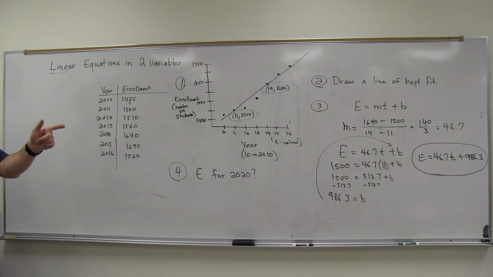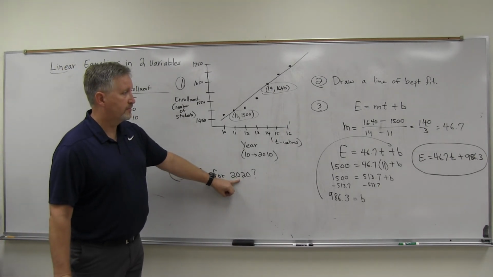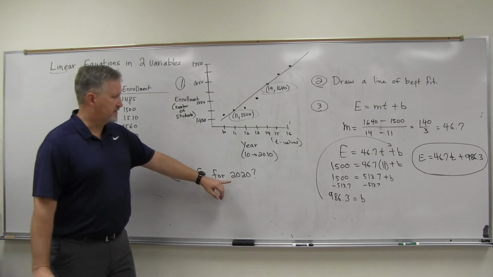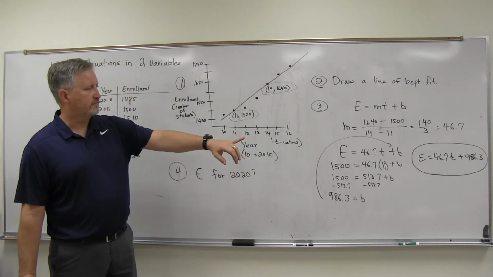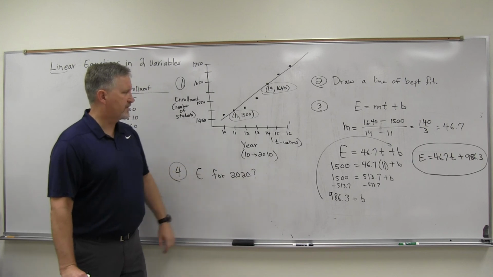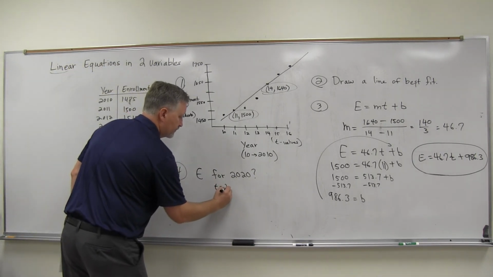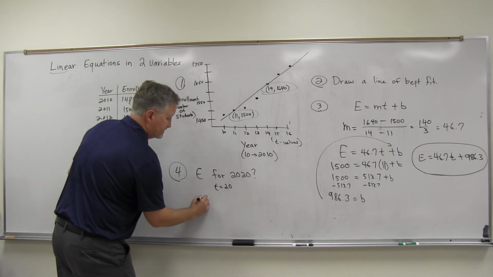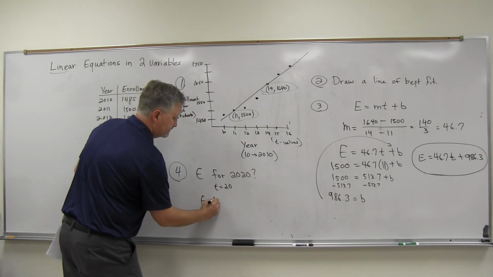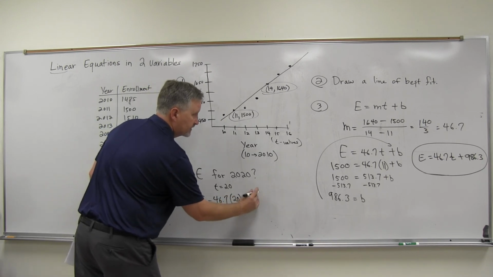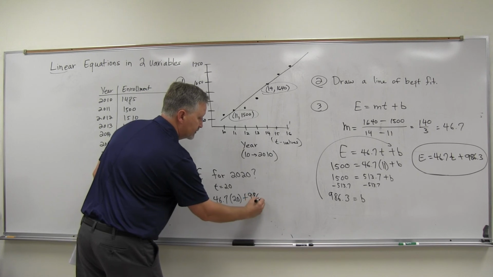So based on mine, what would we do there? 20 is plug in for T. Yeah, that gives me the year, that gives me the time, the T value. 10 was 2010, so 2020, that means T equals 20. I plug that in. That'll give me a prediction for that enrollment.